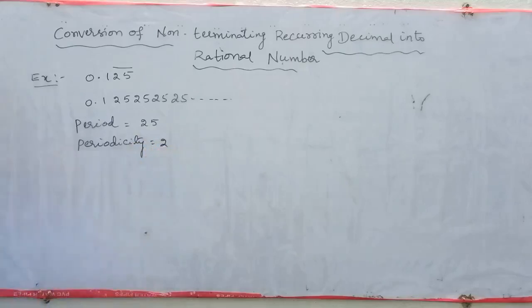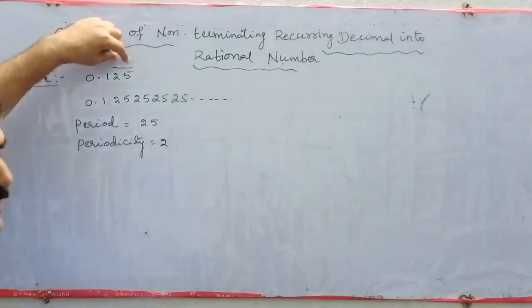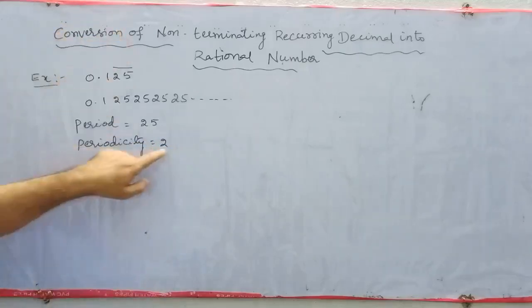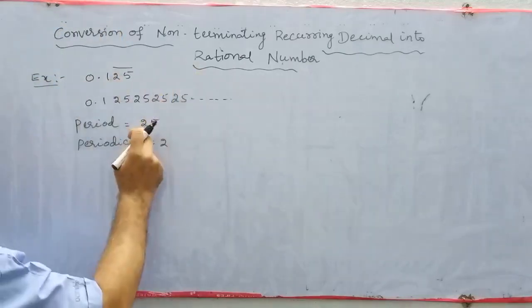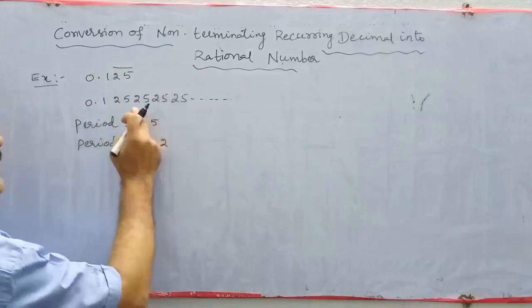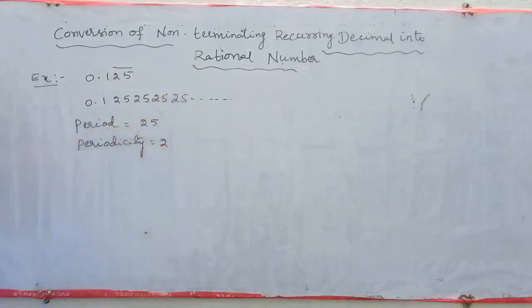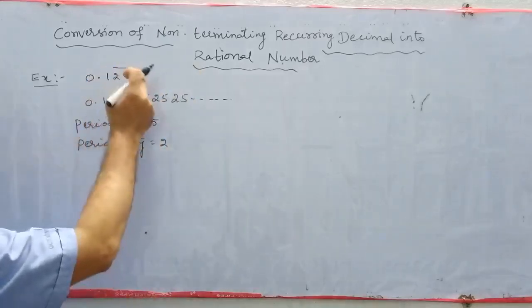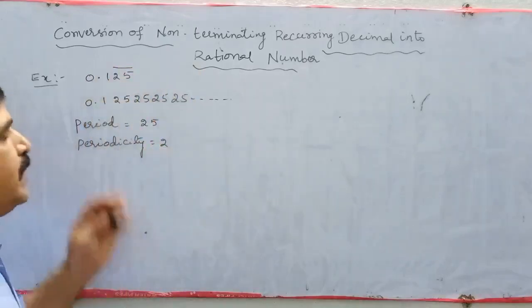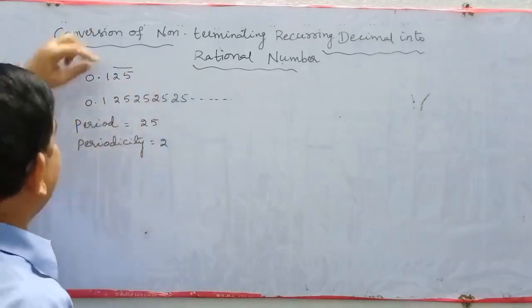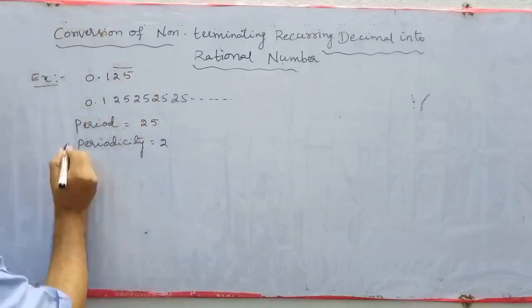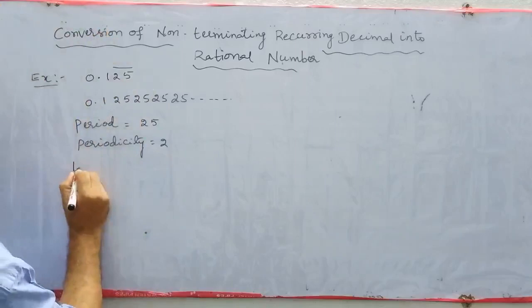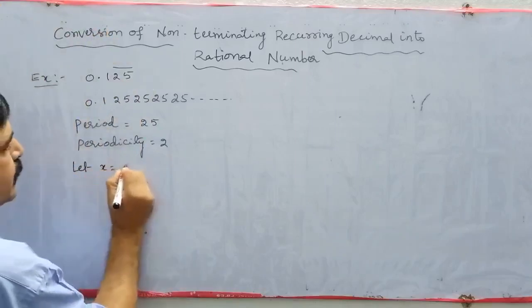That means the number of recurring digits is the periodicity, and which digits are repeating or recurring is the period. So depending on the periodicity, we have to multiply the decimal number.